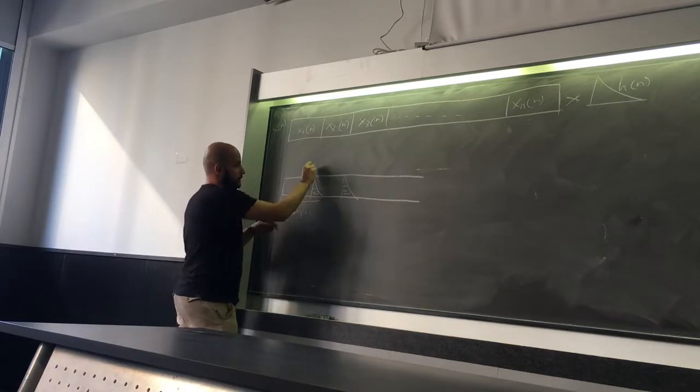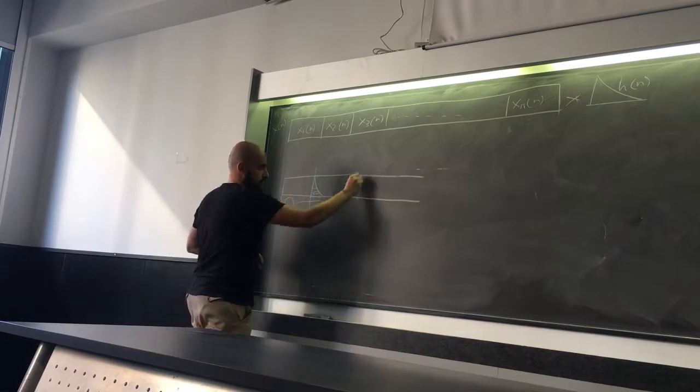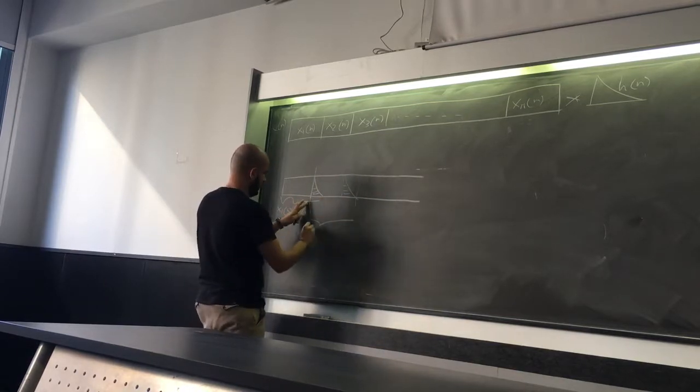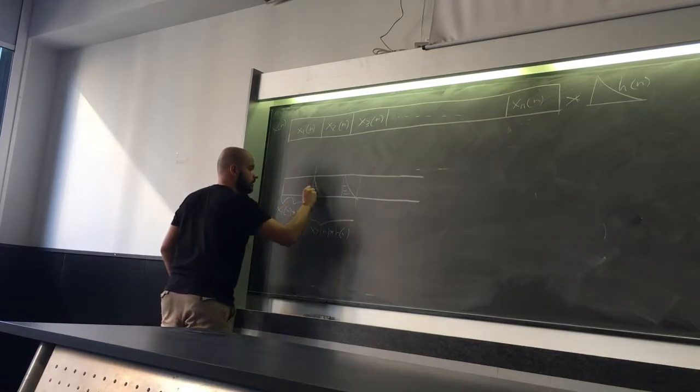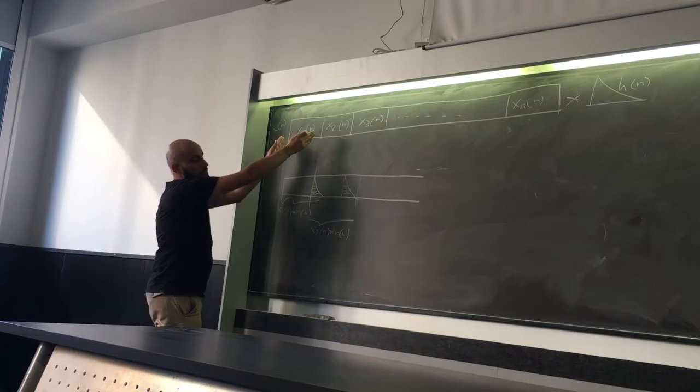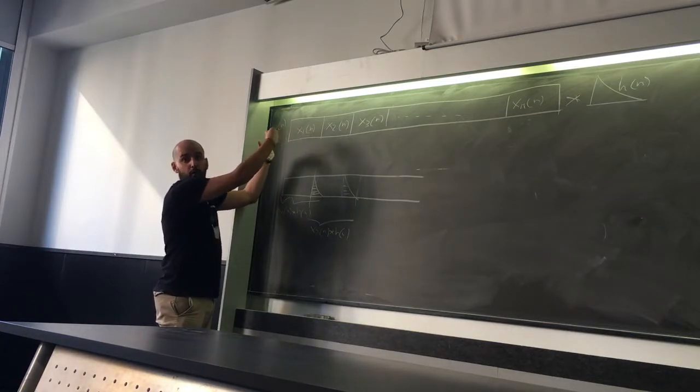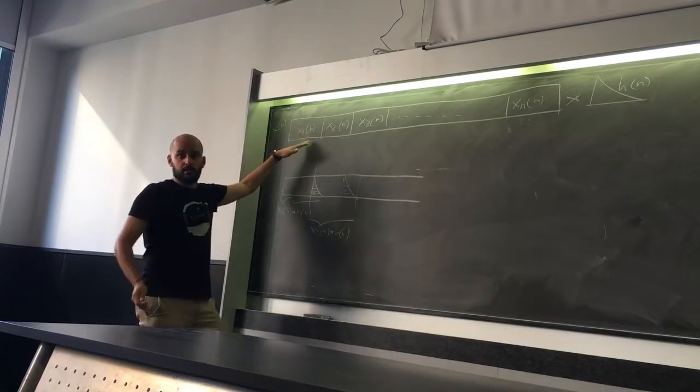Then if you take the second one, you go from here to here. And you see that this portion here is the combination of both these two. So you have basically to overlap and add this stuff here.